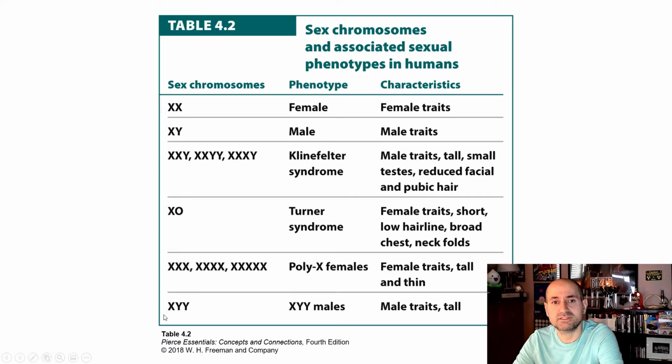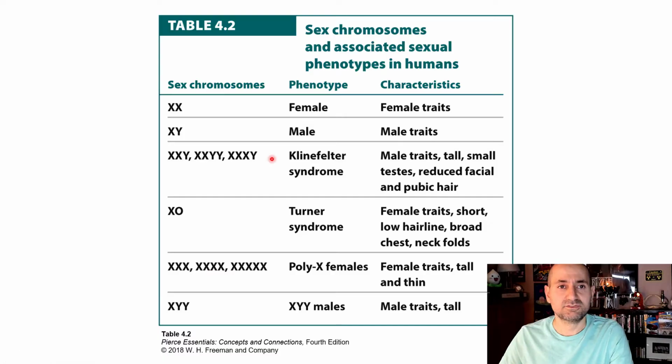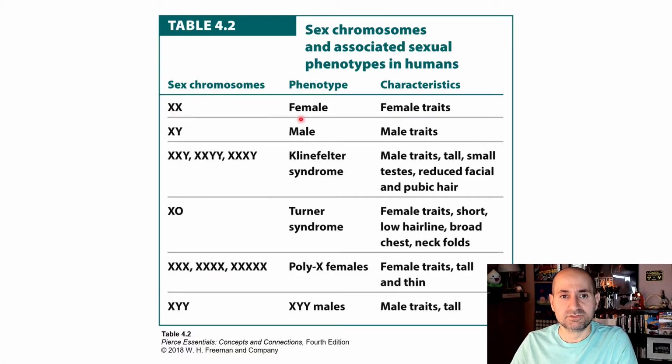So here's an outline. Let's just go through this: sex chromosomes and associated sexual phenotypes in humans. XX is typically female, with female traits. XY gives male traits. Then you can have, like I said before, Klinefelter syndrome: XXY, XXYY, XXXY.